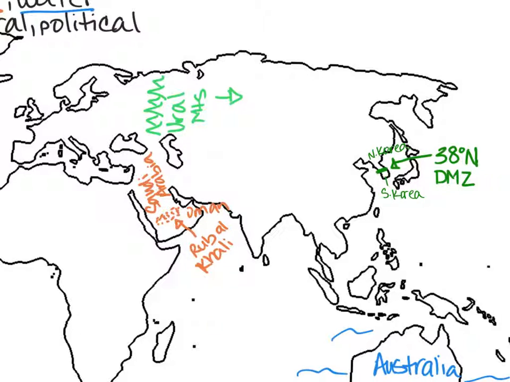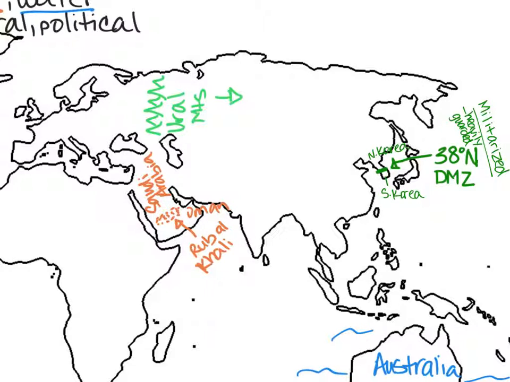Now, side note on this border, it's also called a militarized border, which makes sense because if you've ever looked at that border, it is heavily militarized. It just means that it's heavily guarded. Lots of people looking at that border. So that's it for our geometric.